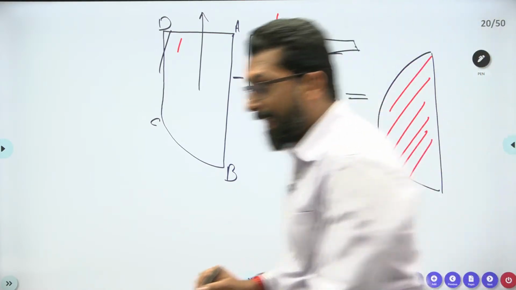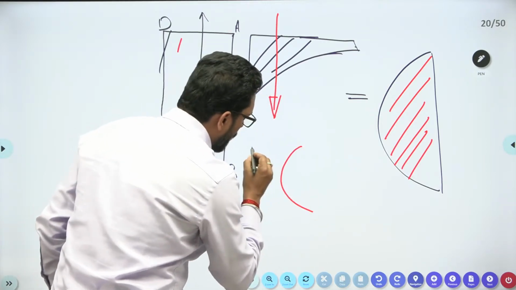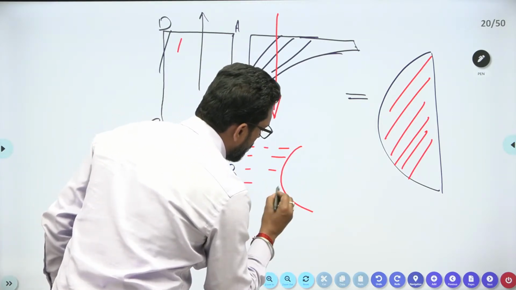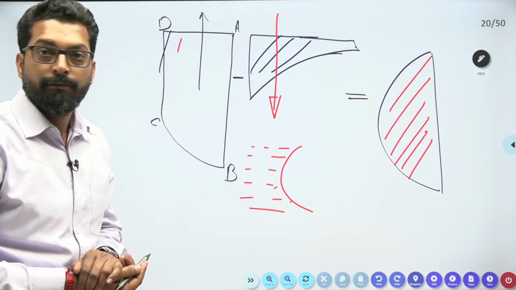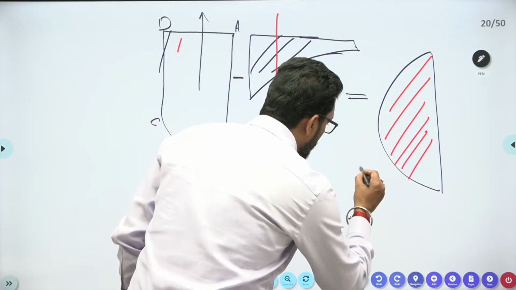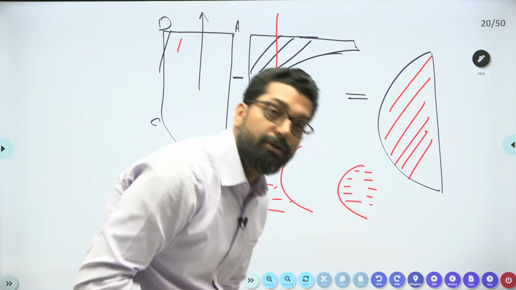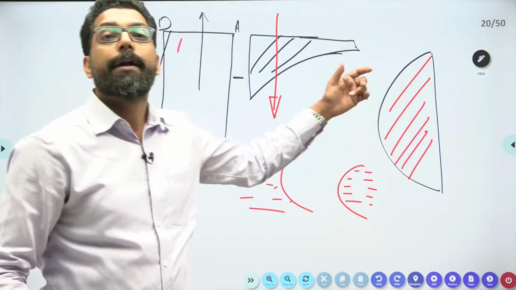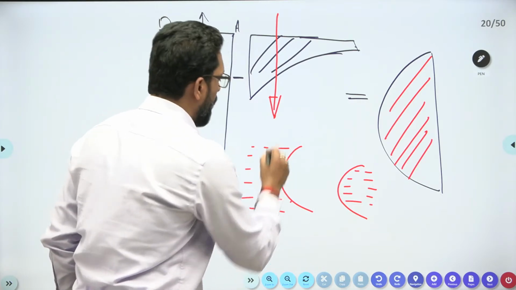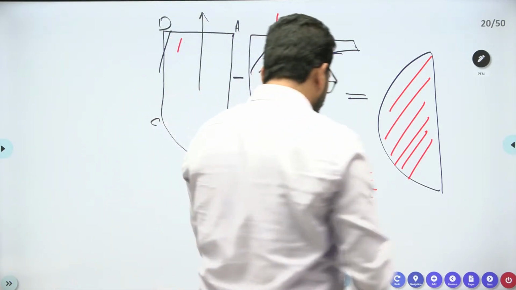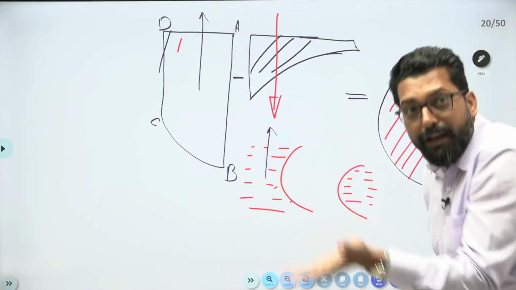Very important: if there is any curve and the fluid is outside, the net vertical force is downward. And in any curve where the fluid is present inside the curve, the net force in the vertical direction is always upward. In this case also, the net force is always in an upward direction.